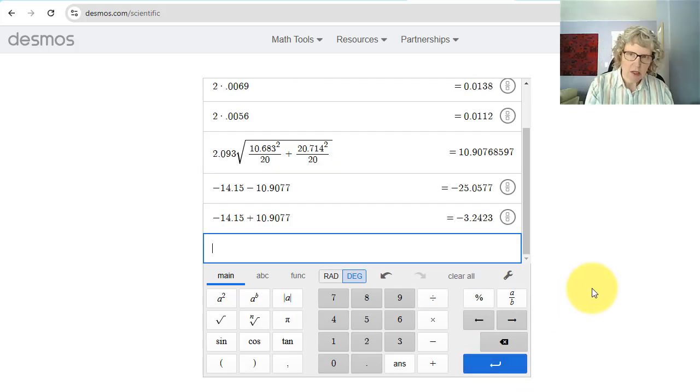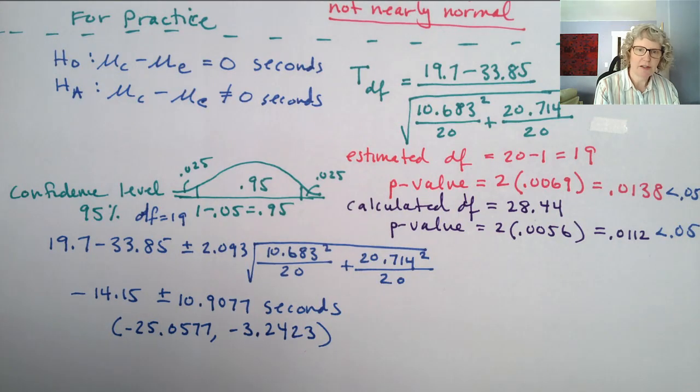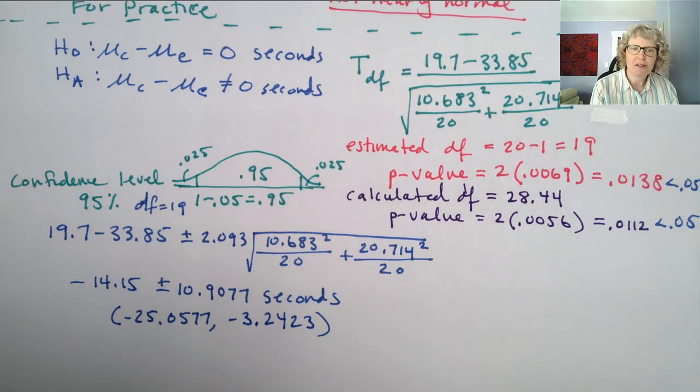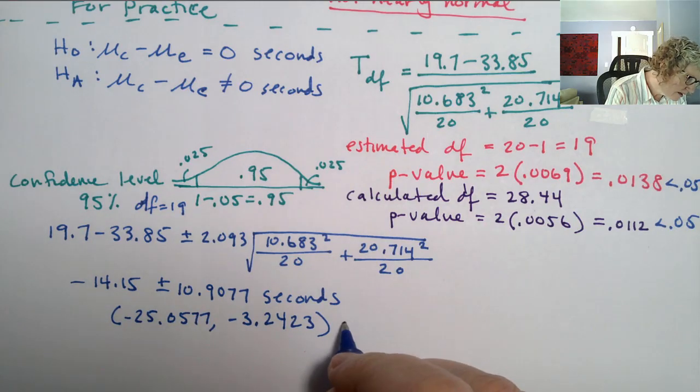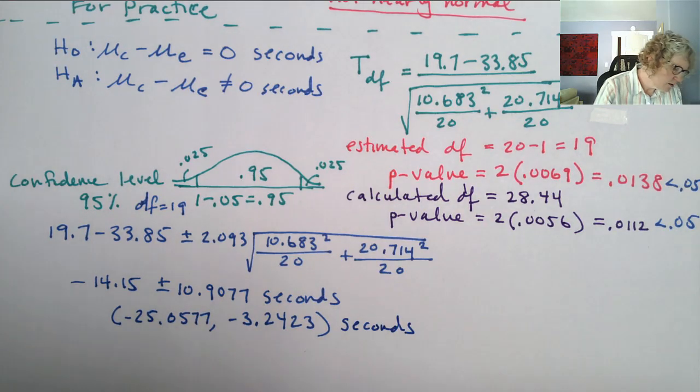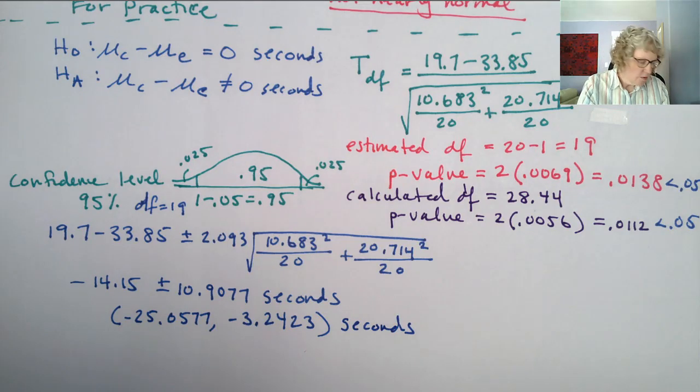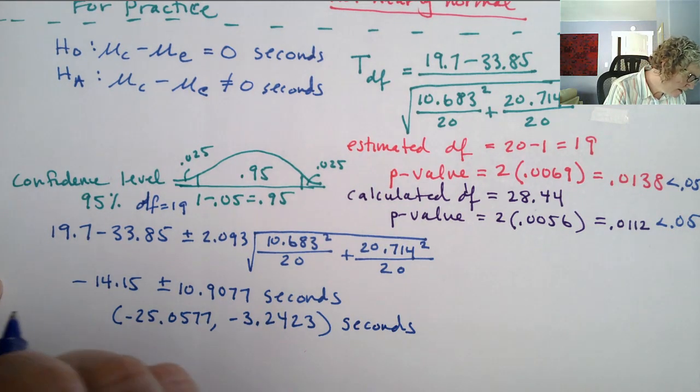So negative 25.0577 comma negative 3.2423. Okay, so I probably did keep this negative, that way we get practice in interpreting a confidence interval that comes out with 2 negatives. Okay, also seconds. Okay, so that was with the degrees of freedom equals 19.